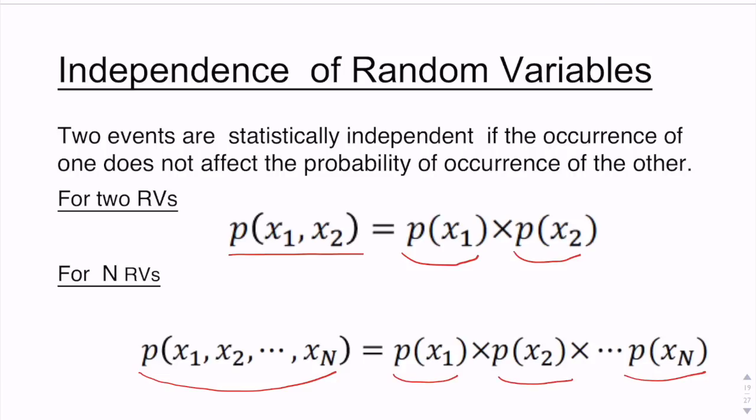That's very straightforward, but the problem is that in many applications we really don't know if the random variables are independent. Investigating if random variables are independent from each other is a separate topic in statistics and linear algebra, where we verify different techniques to see if the random variables are independent or not.